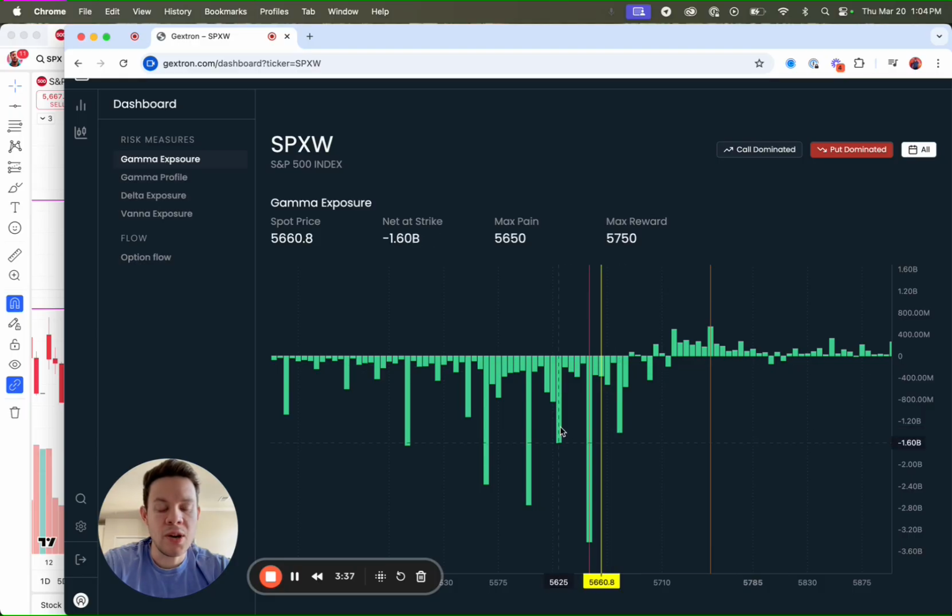Then also, what are the areas of interest around it? That's really important, because if it does go below that, you want to make sure you have the next price target. In this case, it's going to be 5675 and 5625.